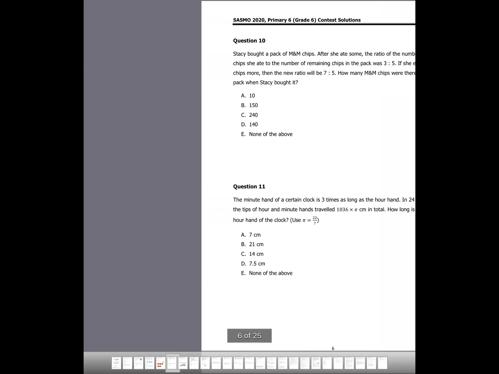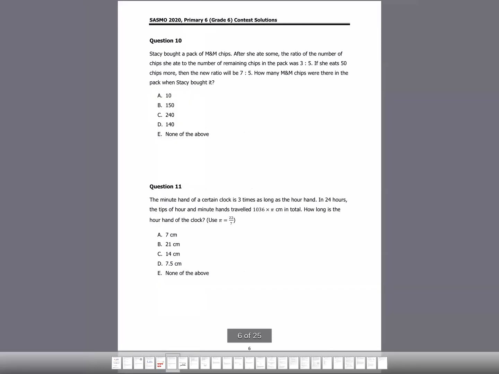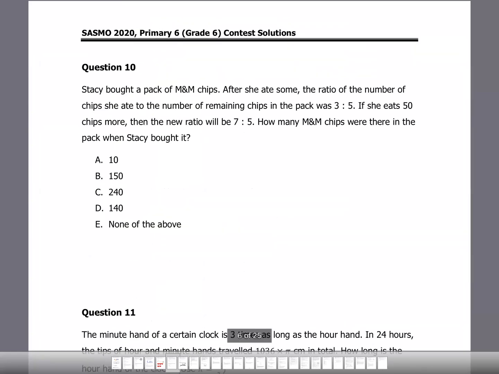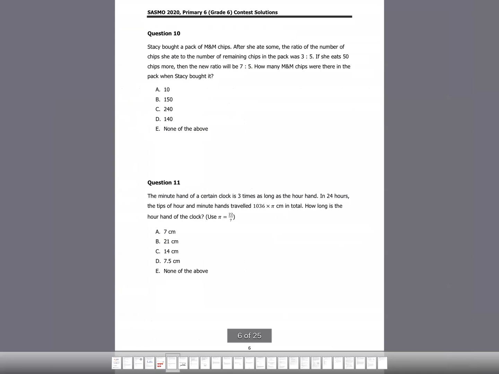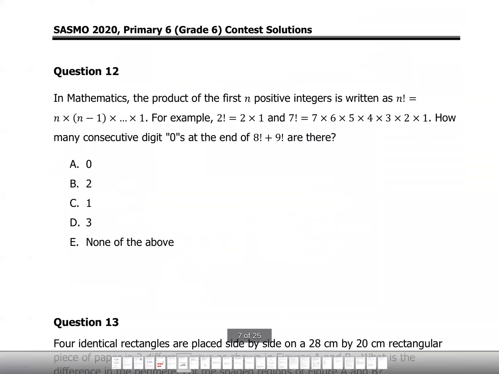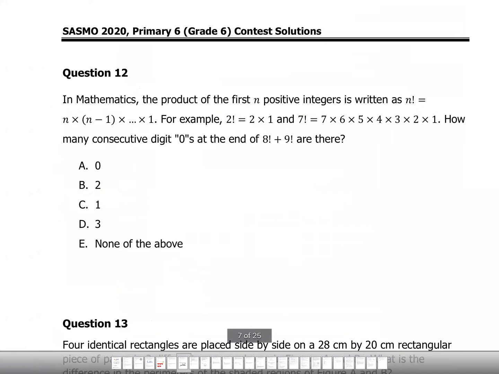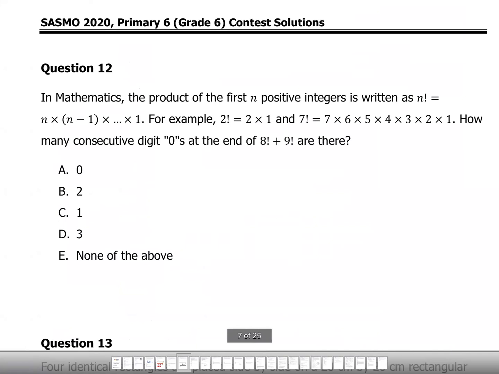So to answer your question, the word consecutive is like the numbers are near each other. Like 1, 2, 3, 4, that's a consecutive number as it goes in order with each other. So what we're trying to find is how many consecutive 0s are at the end of 8 factorial plus 9 factorial.